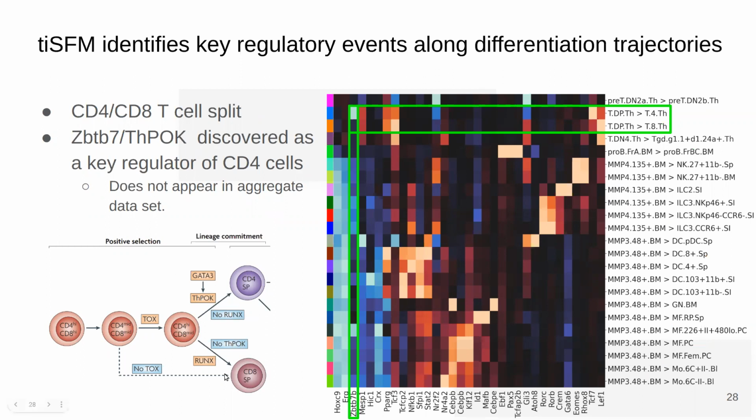No surprise, it is on this classical textbook diagram of T cell differentiation. Not only do we get this correct as the master regulator of CD4 T cell commitment, highlighted for the CD4 branch, not the CD8 branch, but the coefficient is negative, which is also correct. It is known that this transcription factor induces CD4 differentiation by suppressing the CD8 program. And this is not a transcription factor that appeared in the lineage aggregate data set.